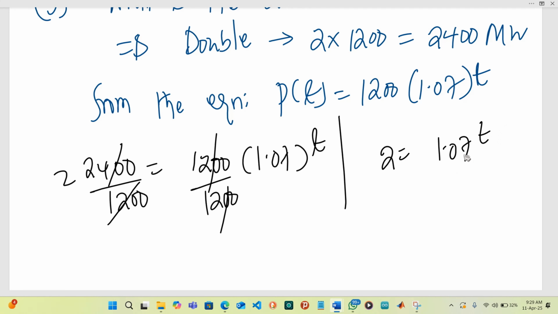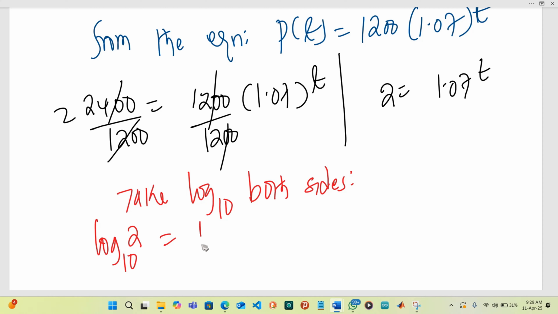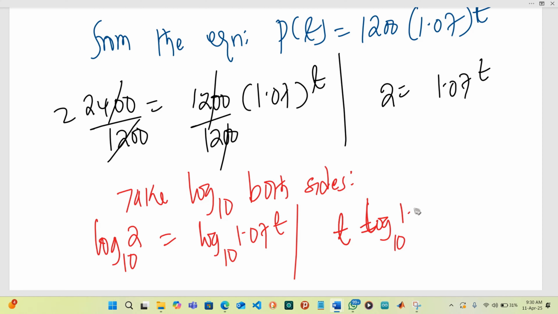So what do I do to get the value of t? I take logarithms on both sides. So take log to base 10 on both sides. It means log base 10 of 2 will equal log base 10 of 1.07 to the power t, meaning t times log base 10 of 1.07 will equal log 2 base 10.